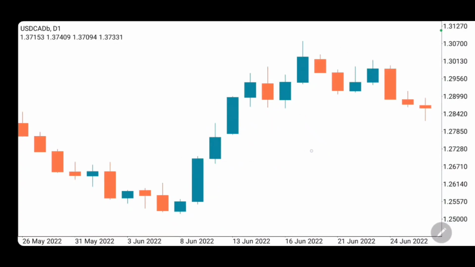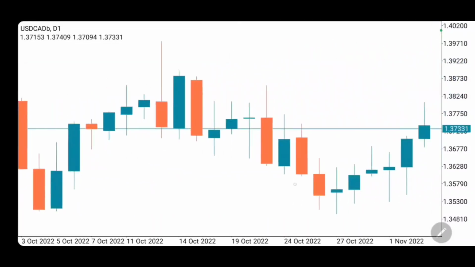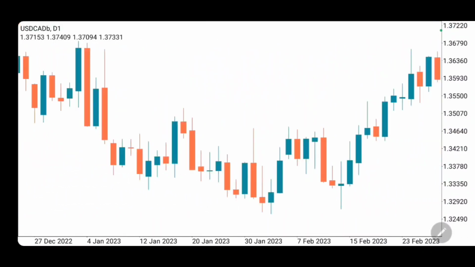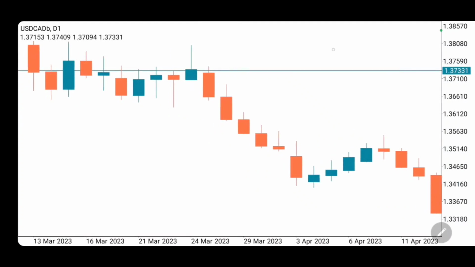Let's see a sell scenario for a trending market. In this case, this is a market that is trending downward. If this is my previous day candle, I mark the high and the low of the previous day's candle, and this is my current day candle.